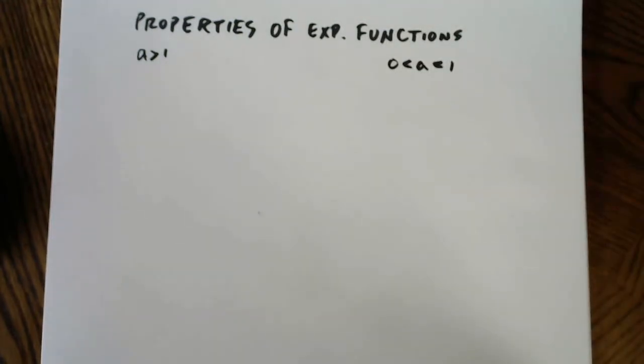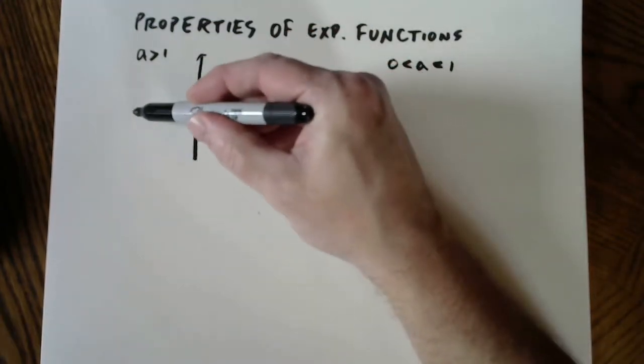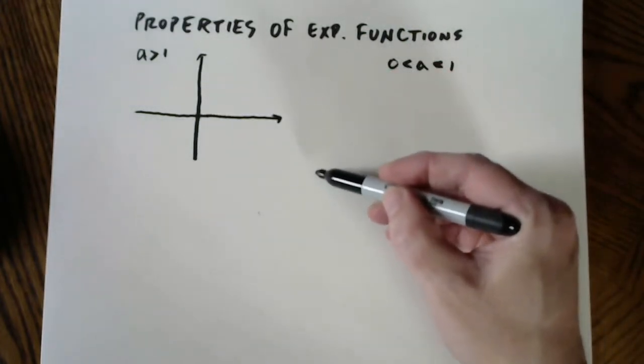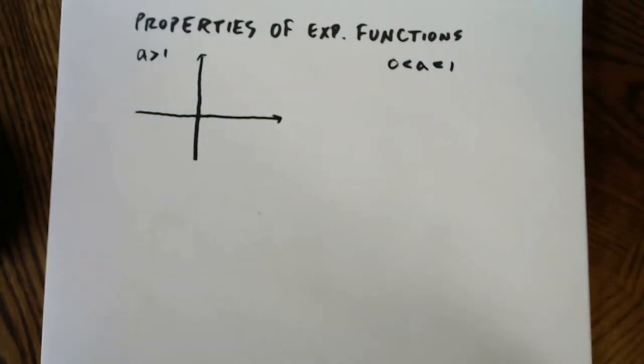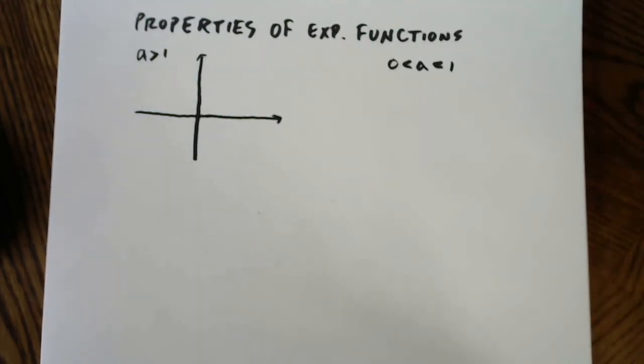Now, normally what I would do in a classroom is that old school x-y table, put down some x's and have the students calculate the y's, plot some points, and see what this thing looks like.